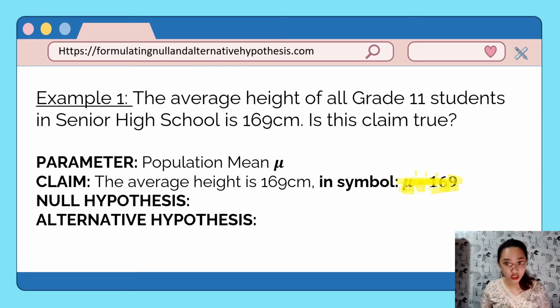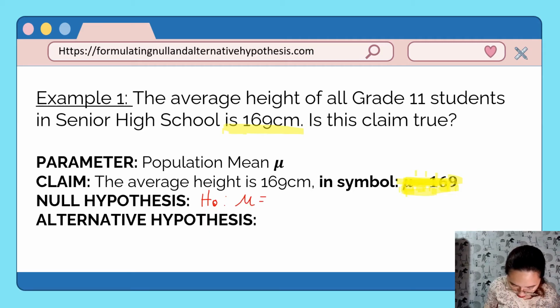Bakit po? Kasi yun yung initial claim. At kung mapapansin nyo, yung word, meron tayo, is 169. So, ibig sabihin, is equal to 169. Kaya, ang null hypothesis natin ay automatic na, sulat natin, H0 is mean equal to 169.